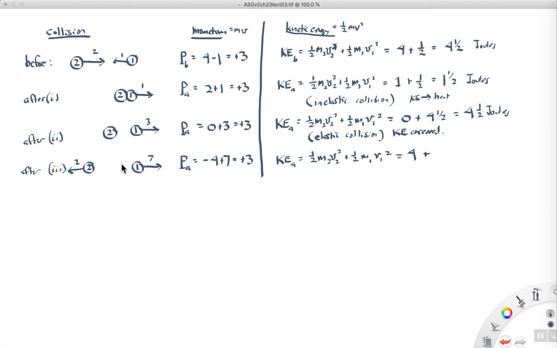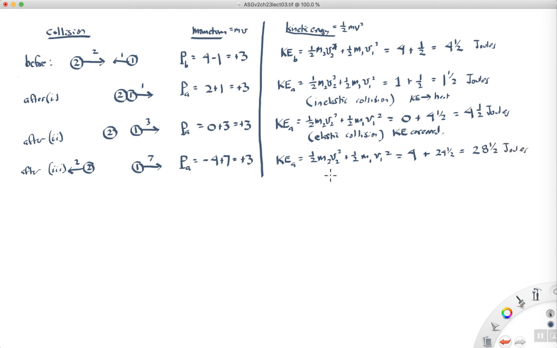And ball 1, well, the velocity is 7. 7 squared is 49, times 1, divided by 2 is 49 divided by 2, which is what? 48 divided by 2 is 24, so 49 divided by 2 is 24.5, right? So the total kinetic energy after the collision is 28.5 joules.